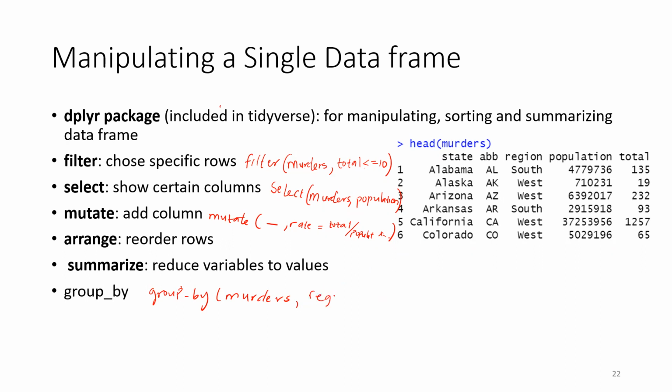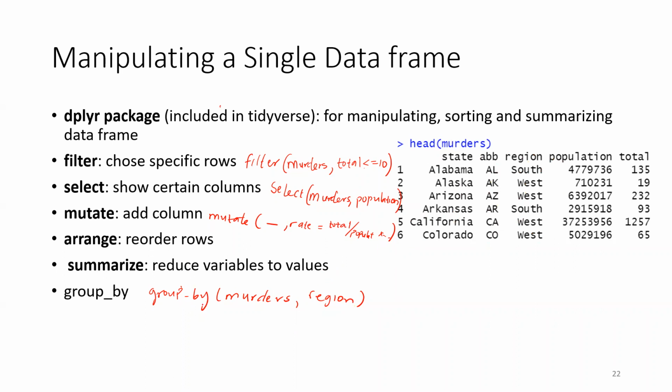Let's assume we want to group it by region. If I group by region, it groups it by the South region, the West region, that's this column here. Then it can be used in conjunction with the summarize function, and I say summarize the average or the mean of the population.